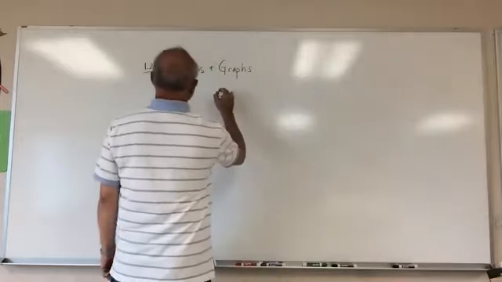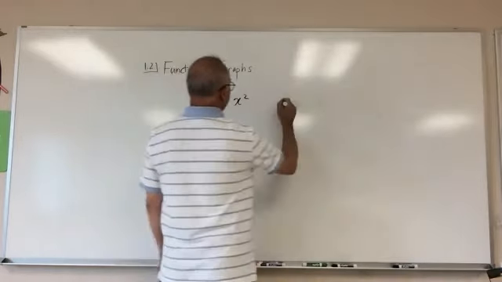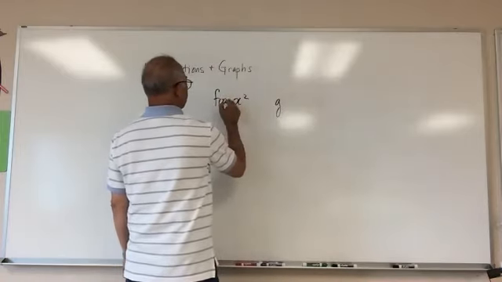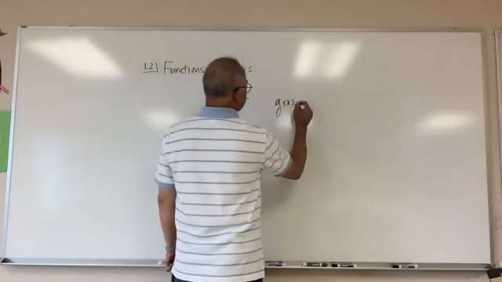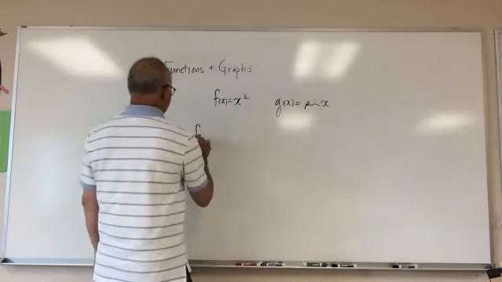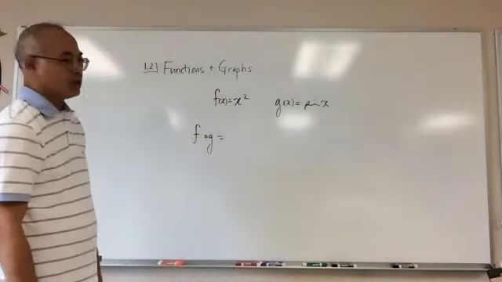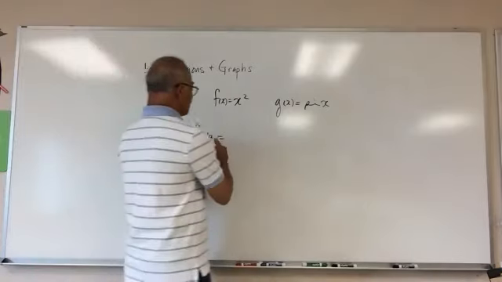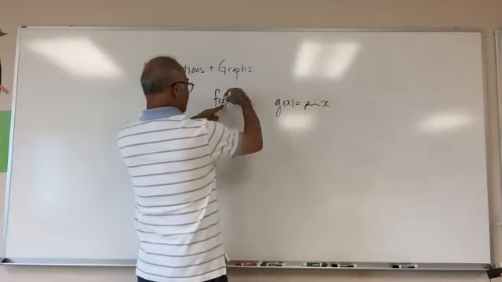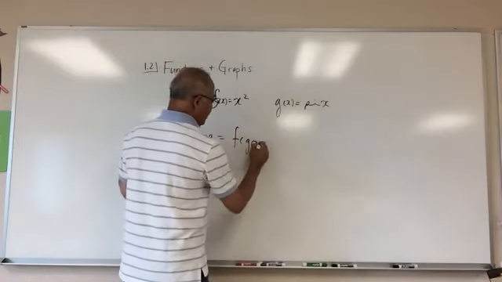So if I have function f is equal to x squared and function g of x is equal to sine x, f dot g is equal to what? F dot g is equal to wherever x is in the f, I'm going to put this function into the x. So it's actually going to be f of g of x.